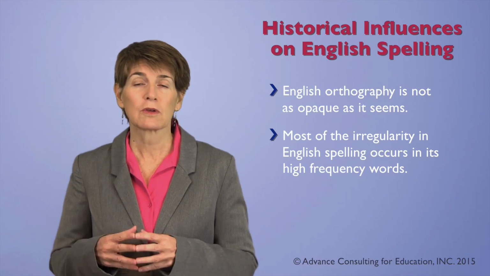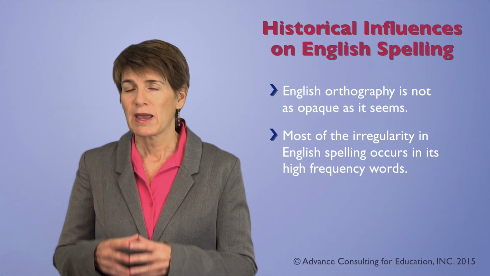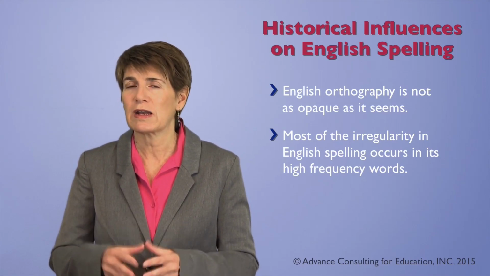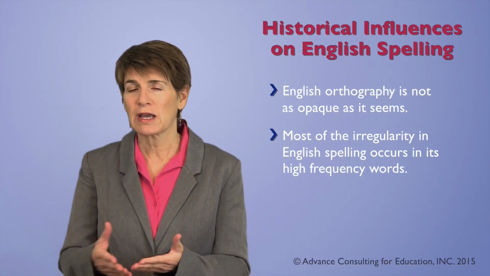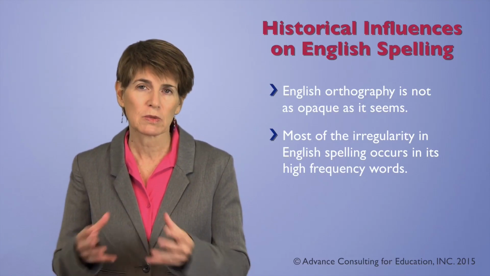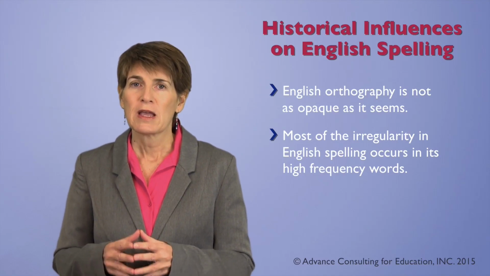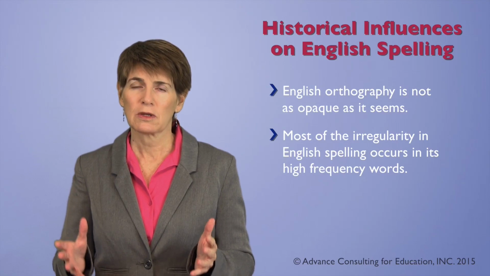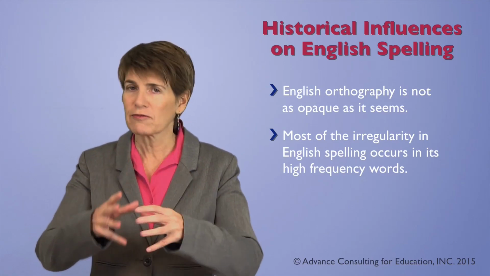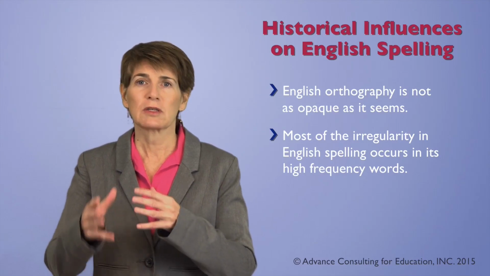So high-frequency words are words that we use very often when we're speaking and when we're writing. And unfortunately, these are the words that have the irregularity when it comes to spelling. So when we look at the language, and there's a lot of these high-frequency words in there, we think, oh, this is a really opaque orthography. But when we look at the totality of all English words, including high frequency and low frequency, then the opaqueness of the spelling actually lessens.